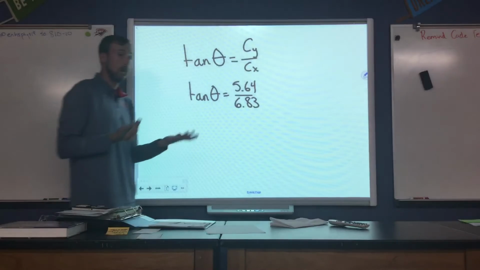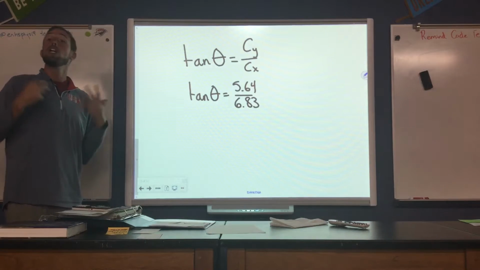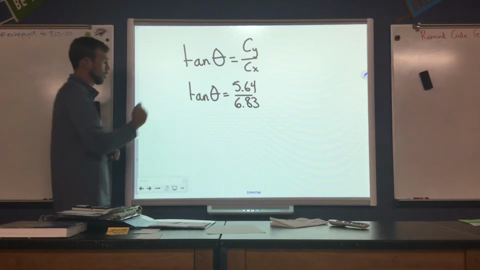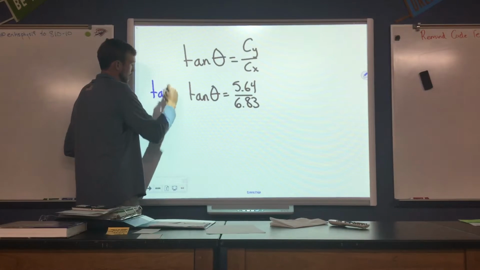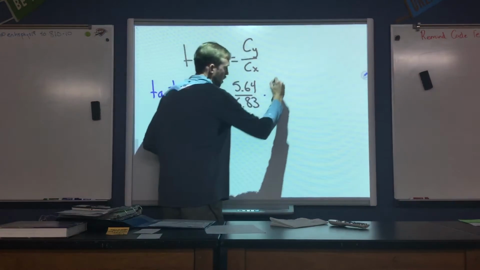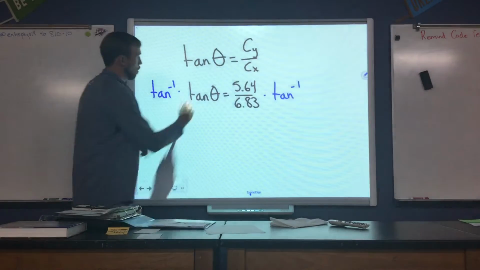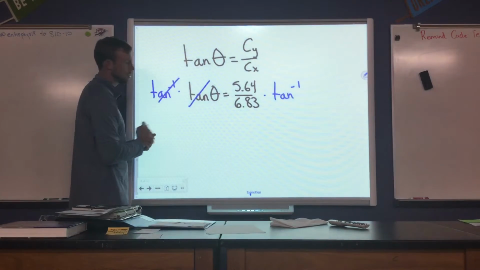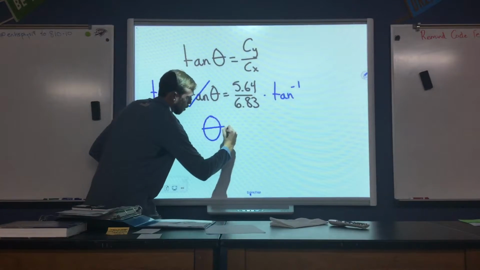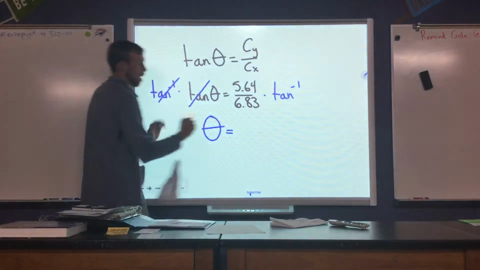Okay, so we plugged in what we know, but now we need to get theta by itself, which means we have to get rid of the tangent function. So we'll take inverse tan on both sides of our equation. Tangent multiplied by inverse tangent, those will cancel out. We'll be left with an expression for theta, because our tangents are now gone.